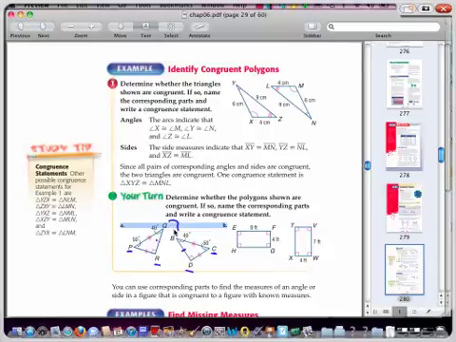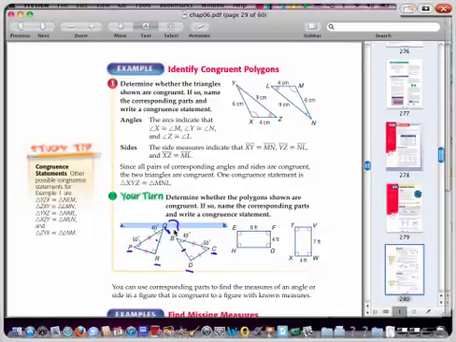And so now we need to make sure that we write it as a congruence statement. So we've got to make sure that when we say it, we say Q and B in the same place, P and C in the same place, and so on.